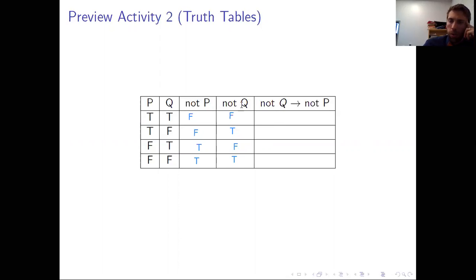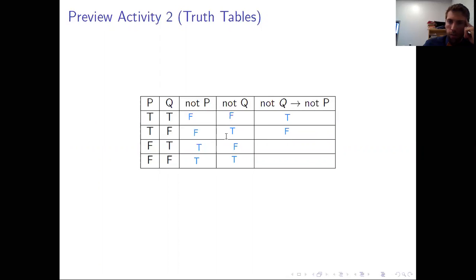So then not P implies not Q. If not Q is false, then that makes this vacuously true. So not P implies not Q: if that's true and that's false, then this statement is false. Because the implication is only false if you have a true value here and a false value here, which is what we have.